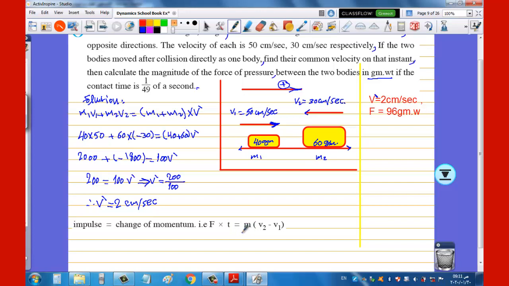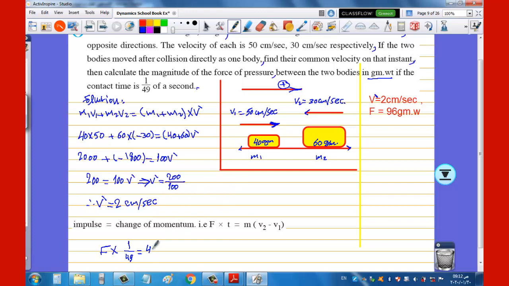M, we consider M1 and the change of its momentum multiplying by V2 minus V1. Okay, so F, we want to calculate it. We write F. So the impulse, it is the left hand side. F multiply the contact time, it is 1/49 equals M. We consider the mass of the first body.